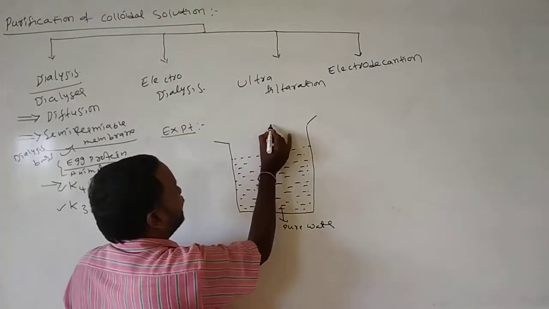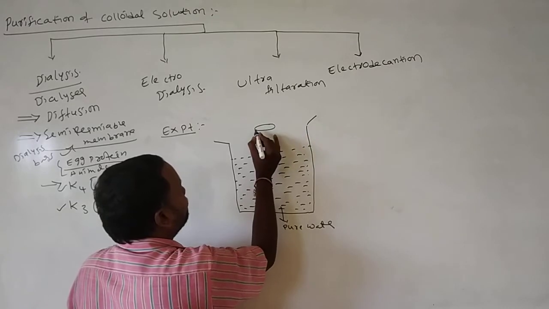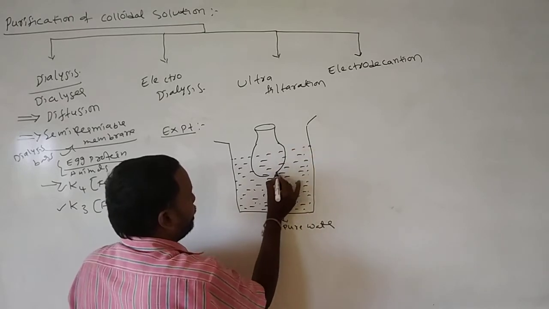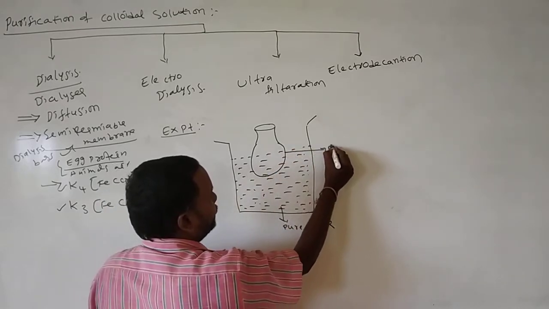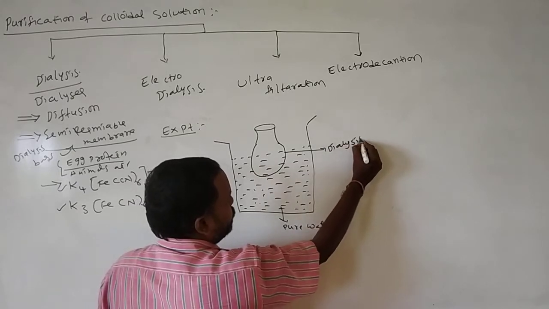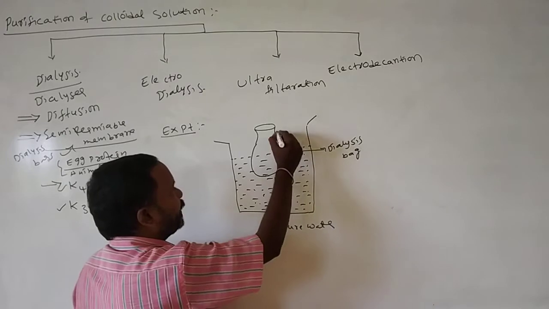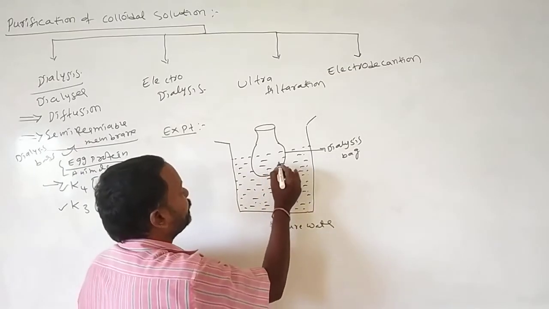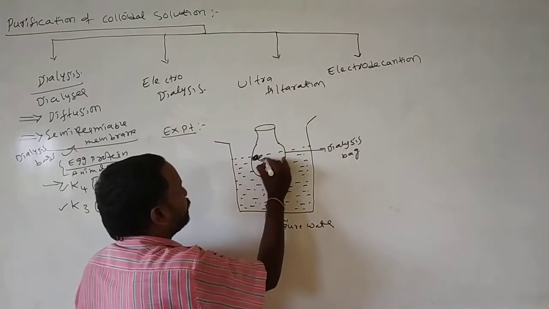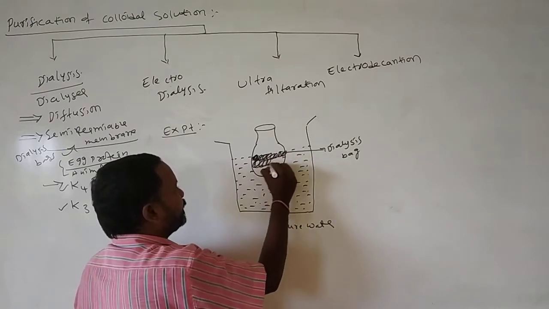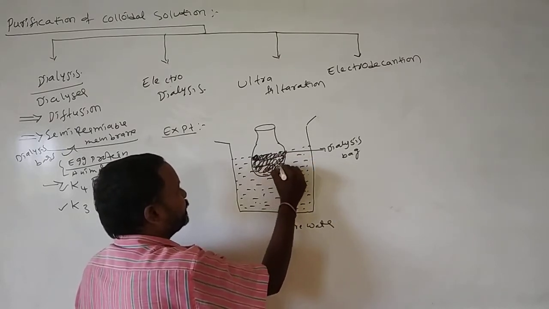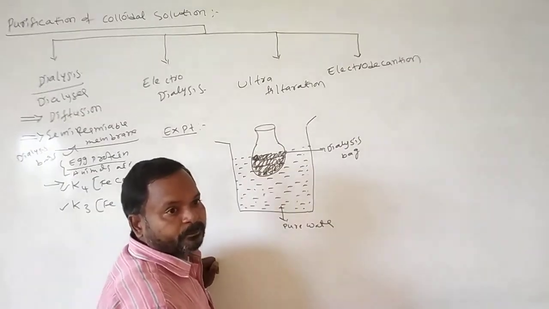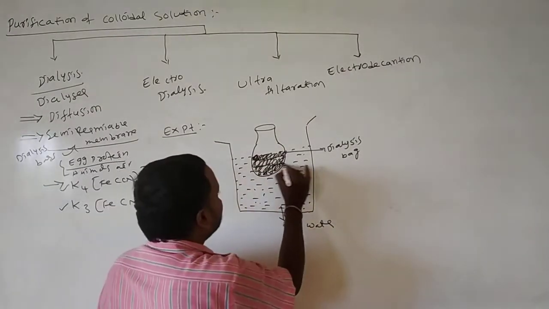Then you take one dialysis bag. This dialysis bag is prepared with the semi-permeable membrane, as already discussed. In the dialysis bag, you take the colloidal solution which has impurities or needs to be purified.